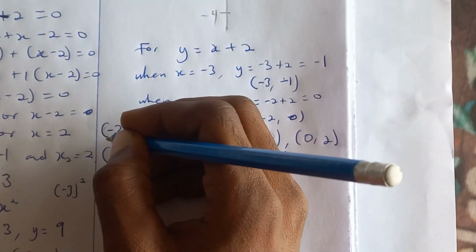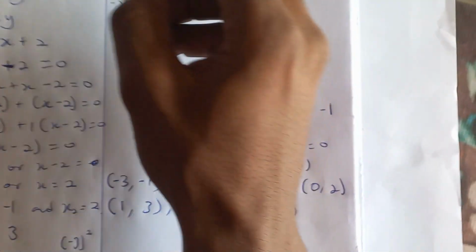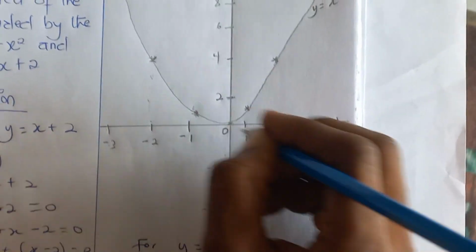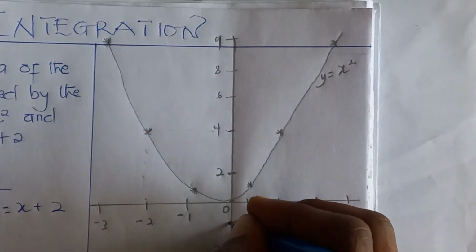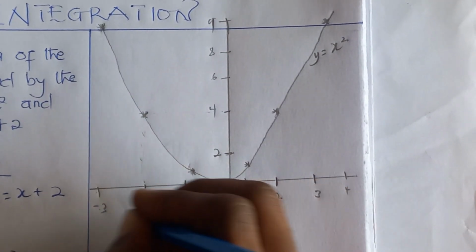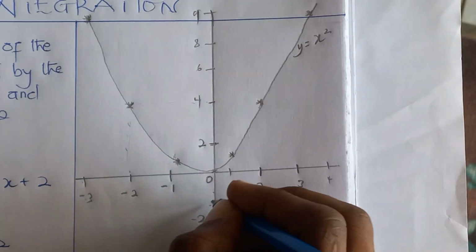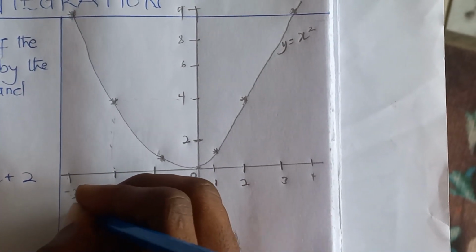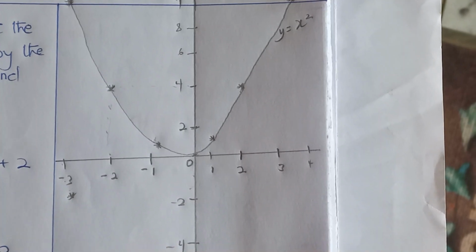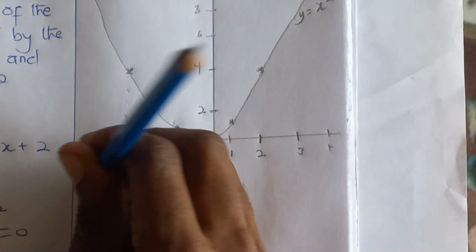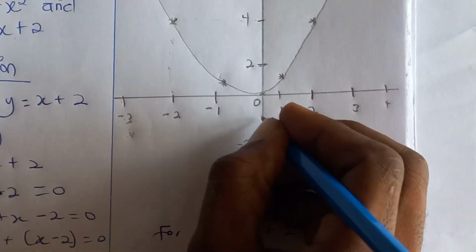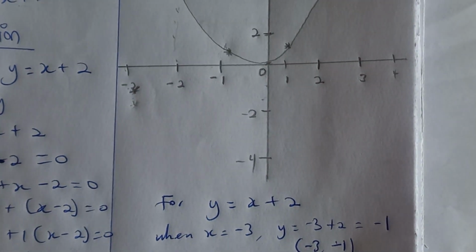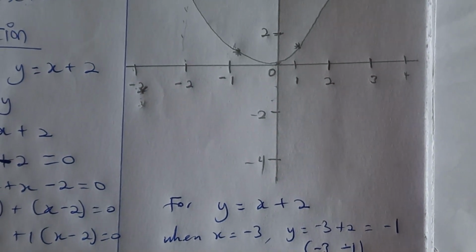So you come here to graph it. First point, 3, negative 1. Let's say somewhere here. It's too close to 2. Oh, okay, so let's say here. Then negative 2, 0.